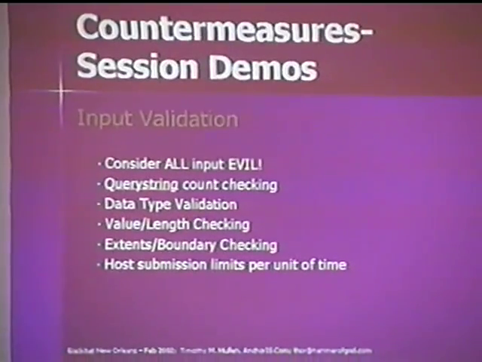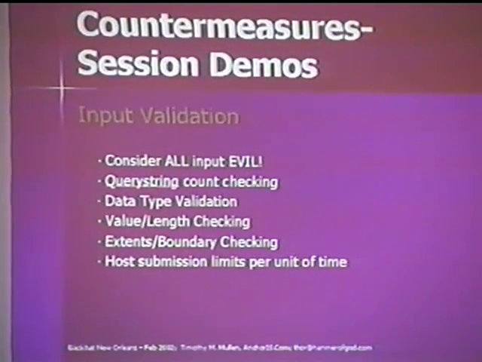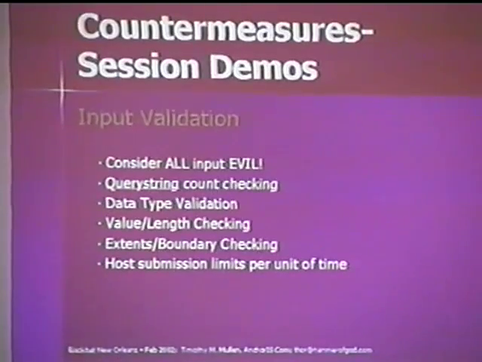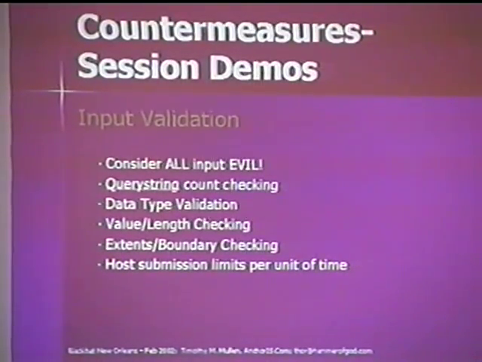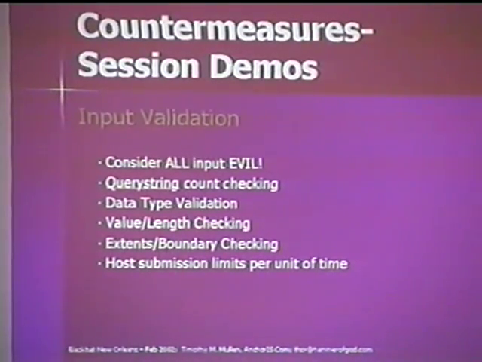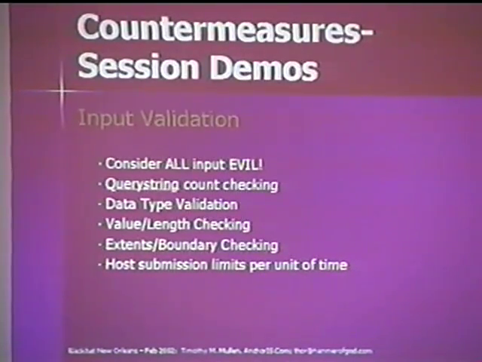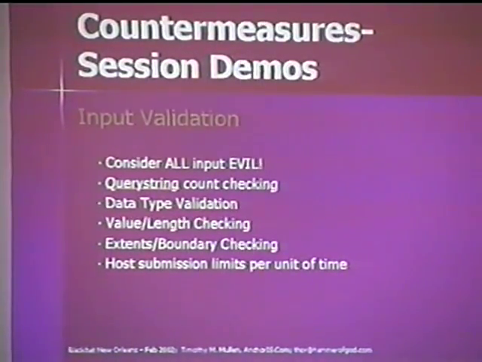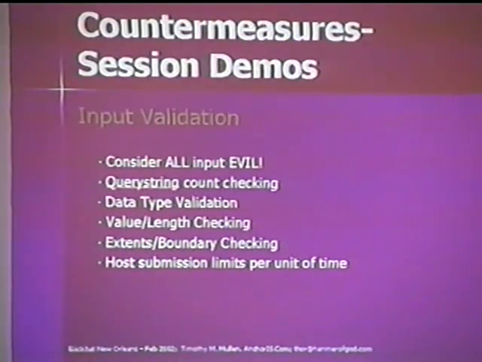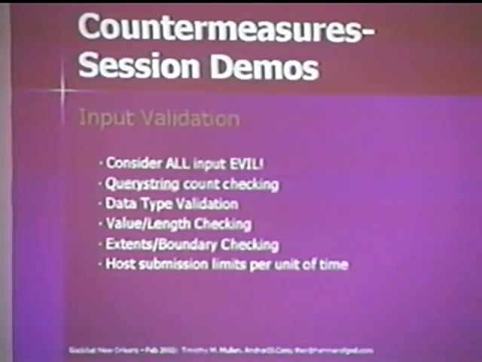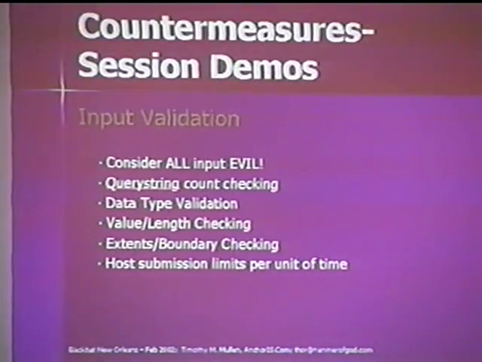What we're not doing is validating any of this input, and this is where it becomes critical. Any input that's coming in from a third-party source must be considered evil. Every single piece of information that a user submits to you, consider it absolutely evil, and it has to be sanitized. If you start thinking that way, you'll catch a lot of this stuff before it even begins.